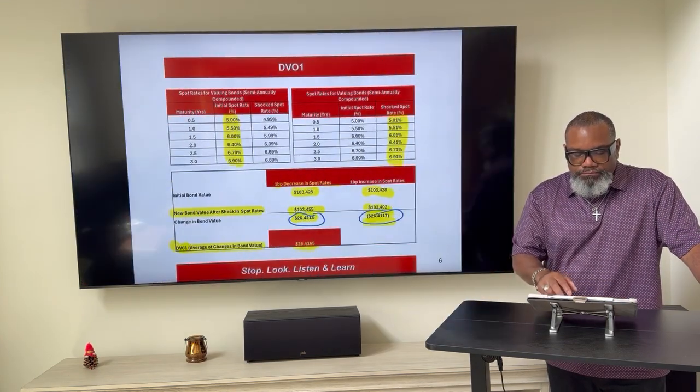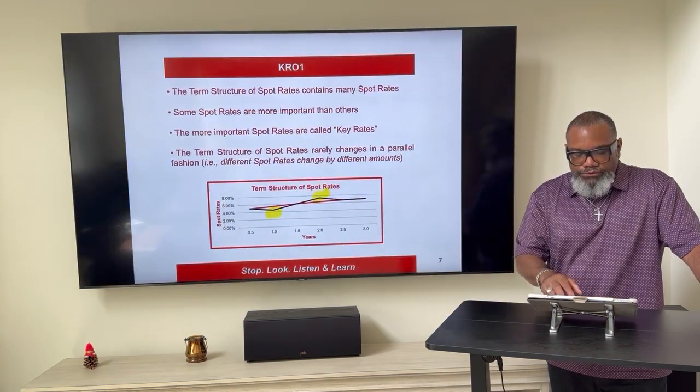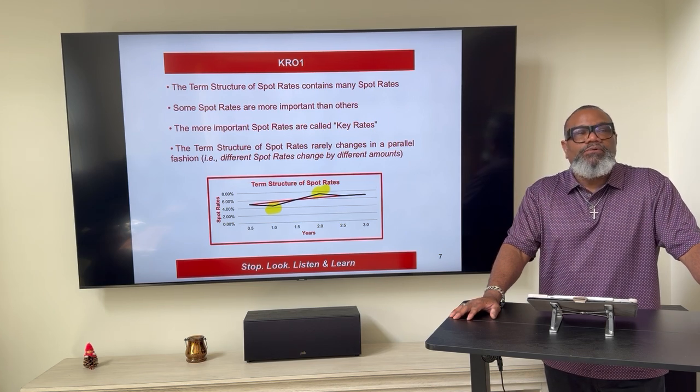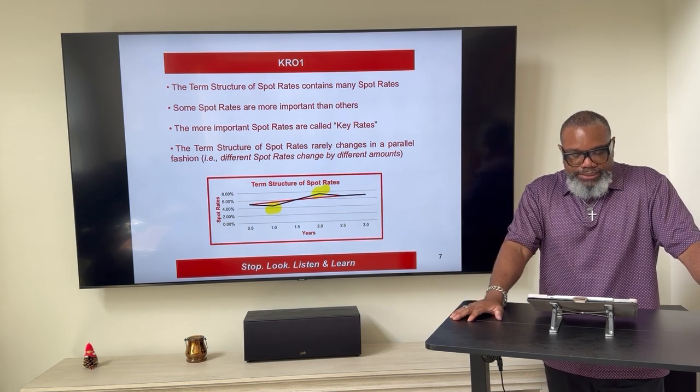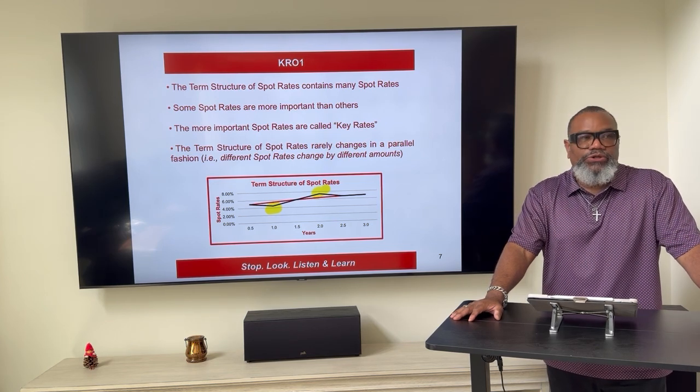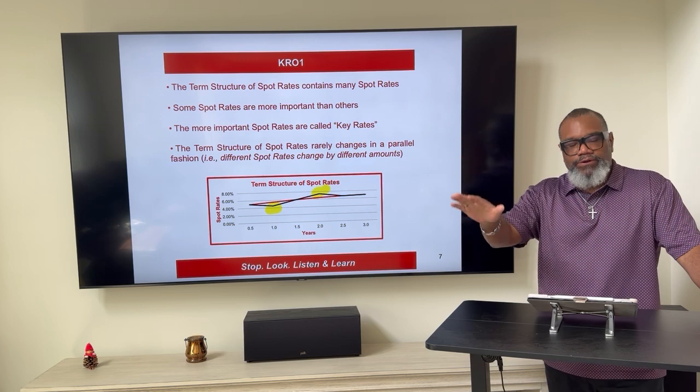Now, if we move to KR01, that relates to the term structure of the spot rates, but some spot rates are more important than others. The more important spot rates are referred to as key rates. And the term structure of spot rates, as I said earlier, rarely changes in a parallel fashion.